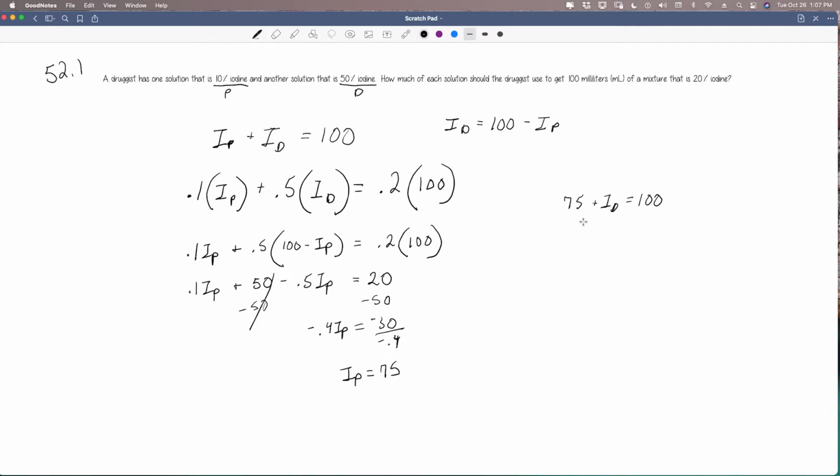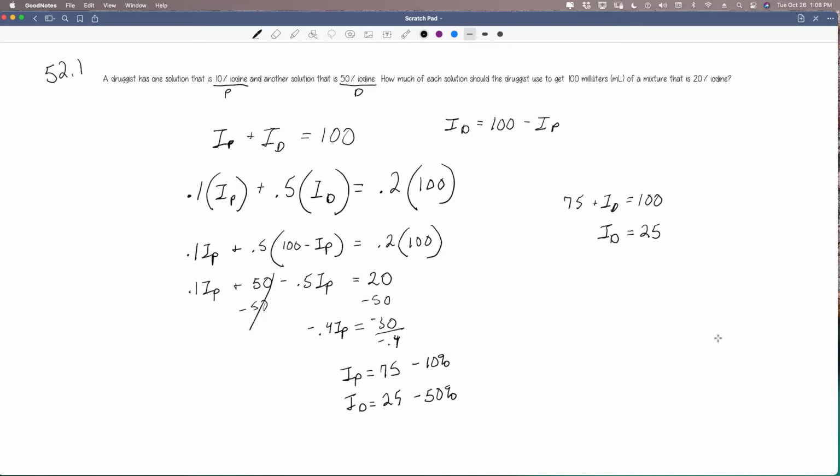We subtract 75 from both sides. We find that the iodine that was dumped in is 25. Okay? And so we can add that to our solution here. The iodine dumped was 25. So the iodine poured was the 10% solution, and the iodine that was dumped was the 50% solution.